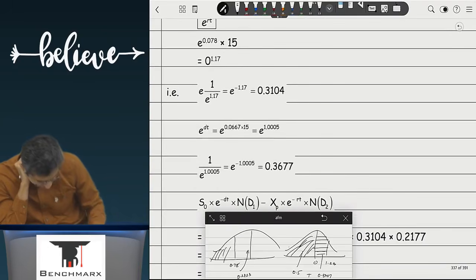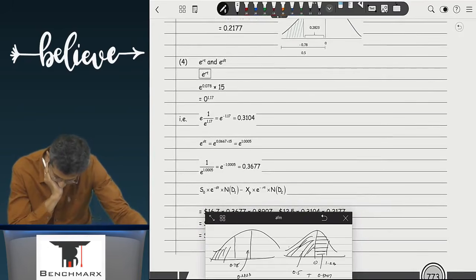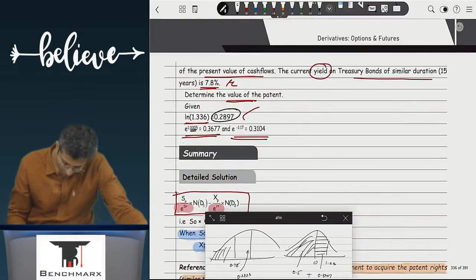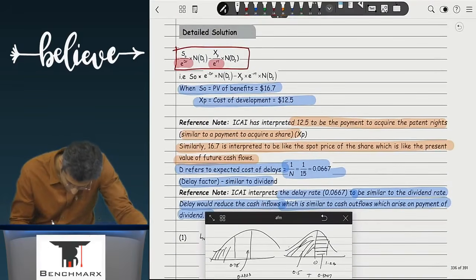So if I do 0.067 into... अच्छा, I think मैंने एक फॉर्मूला यहाँ पे कुछ गड़बड़ की है. So this is dt actually. एक second ना. This is dt. This is also dt.